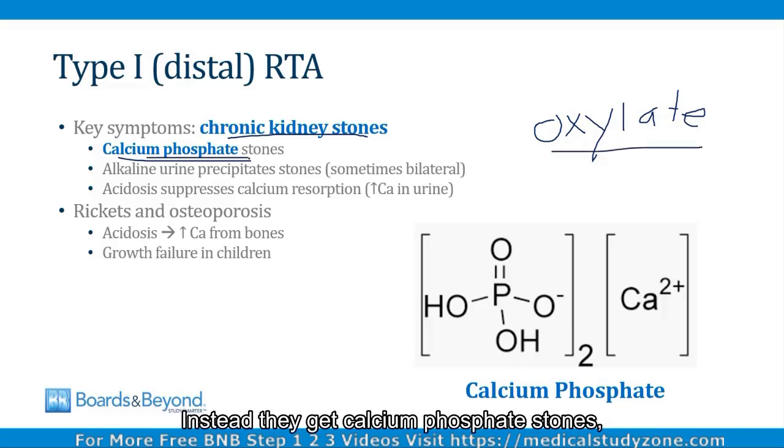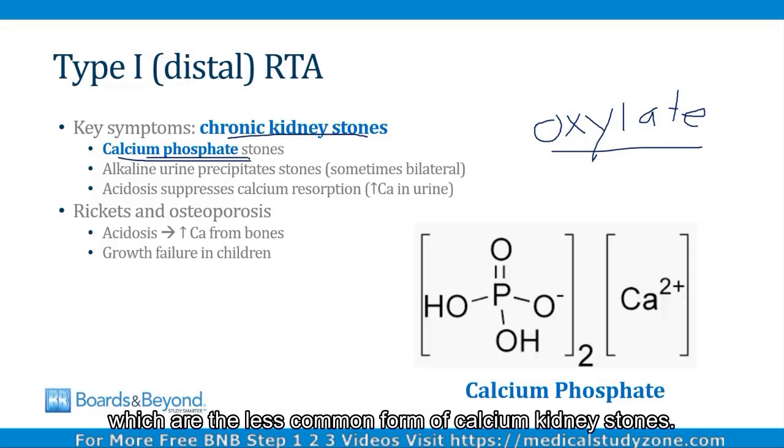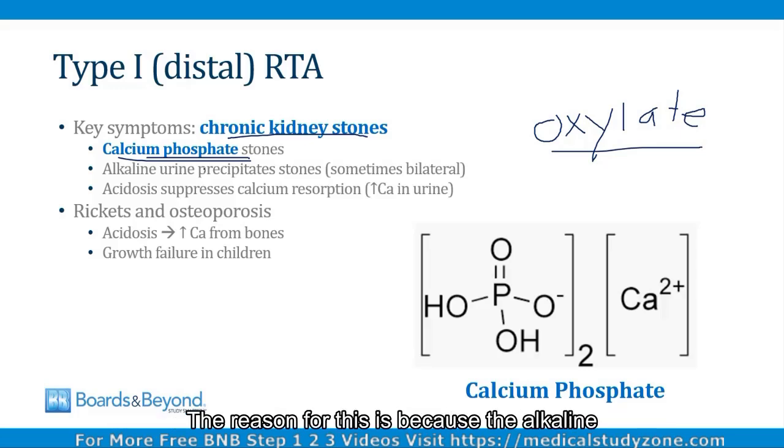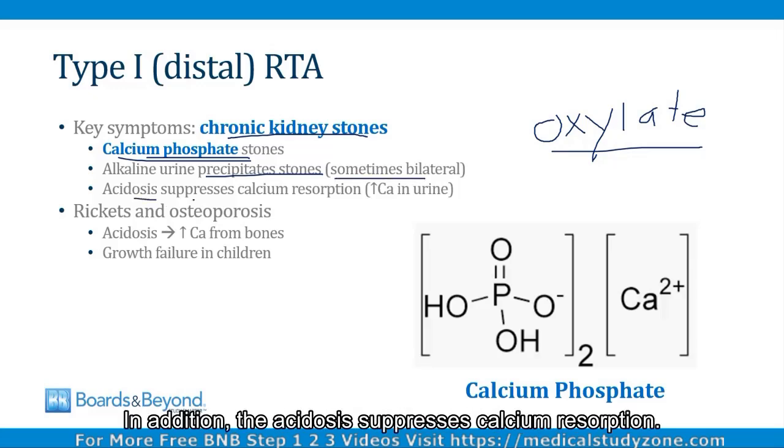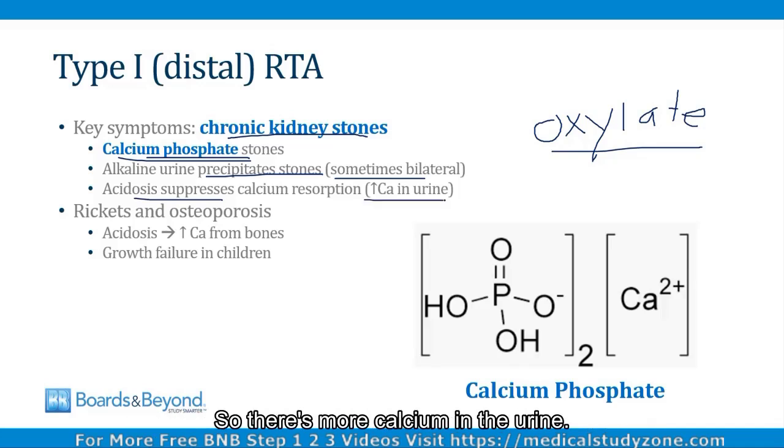Instead, they get calcium phosphate stones, which are the less common form of calcium kidney stones. The reason for this is because the alkaline urine precipitates stones, and for that reason, patients with distal RTAs can sometimes have bilateral kidney stones. In addition, the acidosis suppresses calcium resorption, so there's more calcium in the urine. Another thing to know about a type 1 or distal RTA is that it's horrible for your bones.